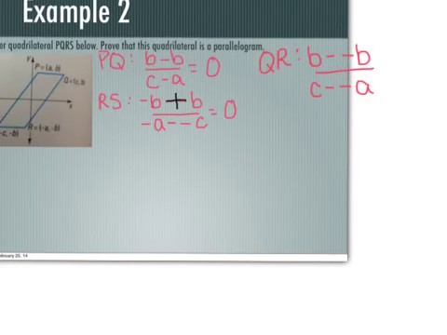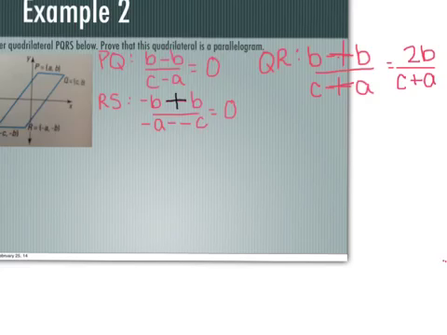What does B minus negative B equal? 2B, good. Because this really becomes a plus, just like before. That minus and negative becomes a plus. What's the bottom going to say then? C plus A, because those two negatives again make a plus. So that's going to be over C plus A.